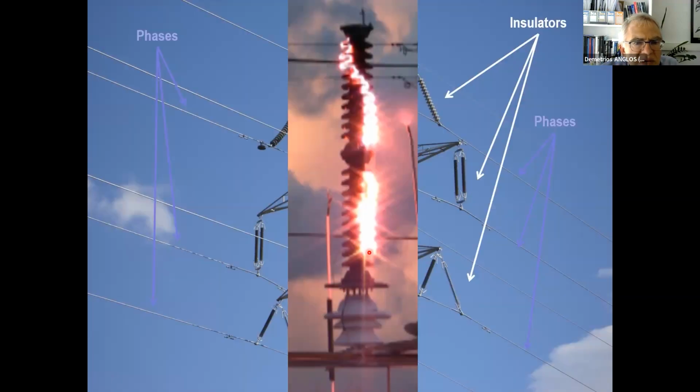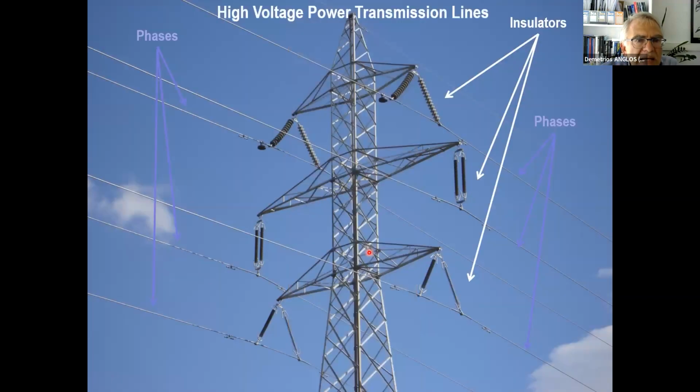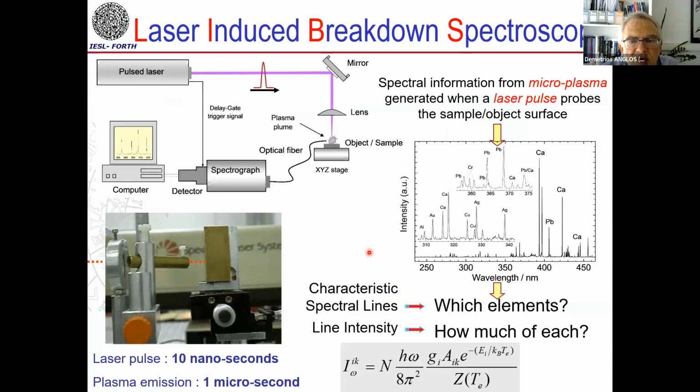So let me just go back one slide, because I want to say a few words about this LIBS technique, which I mentioned a minute ago. This is, again, laser-induced breakdown or plasma spectroscopy. We use a pulsed laser, typically nanosecond pulse width.